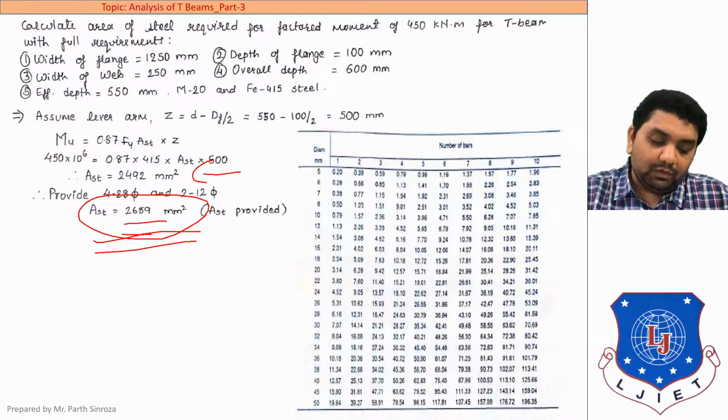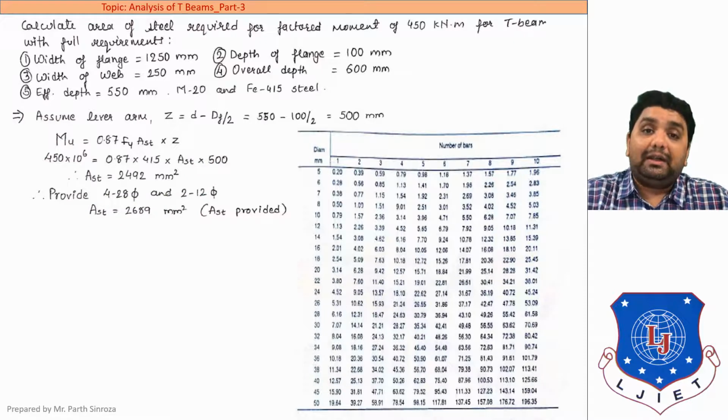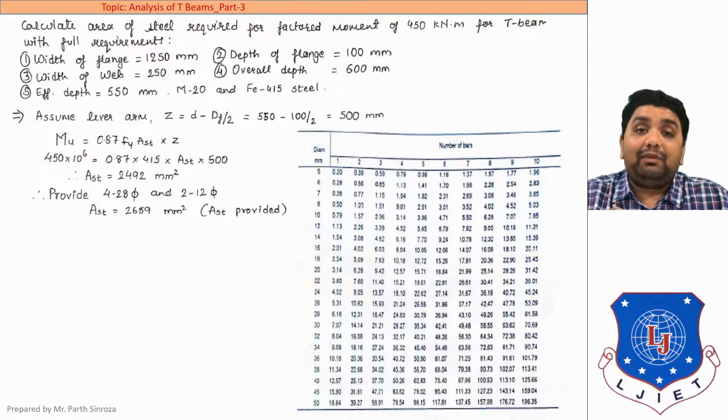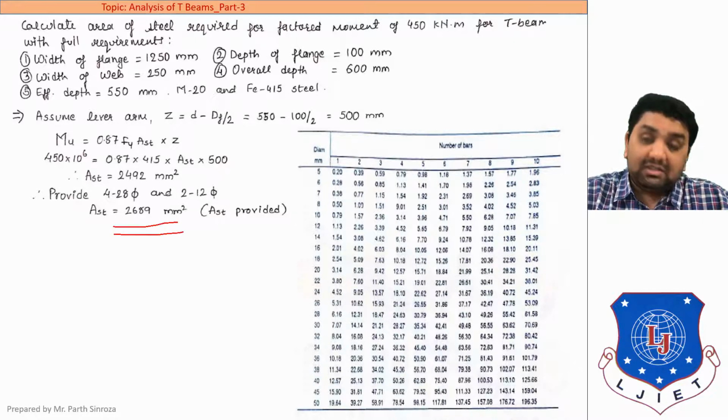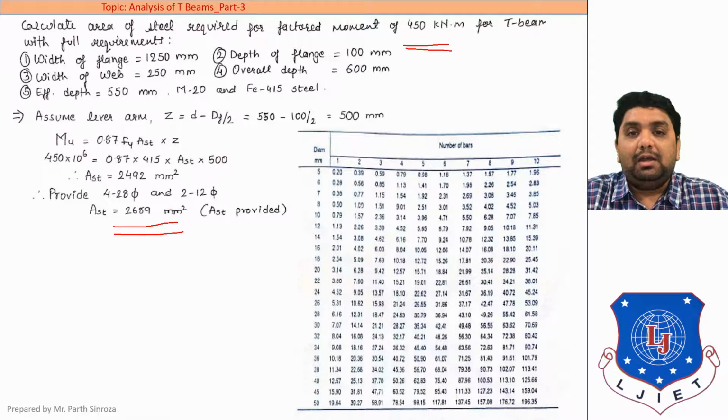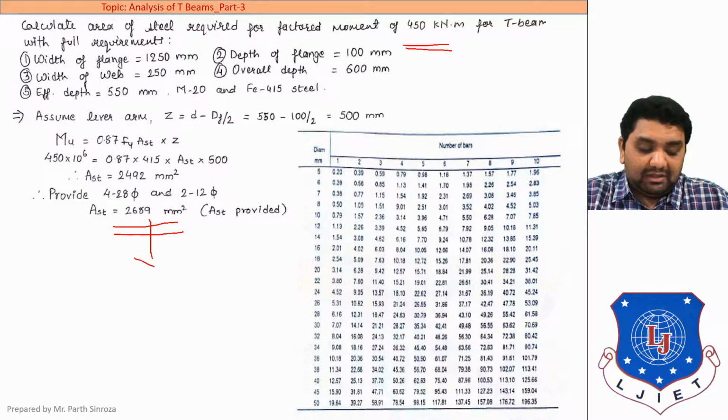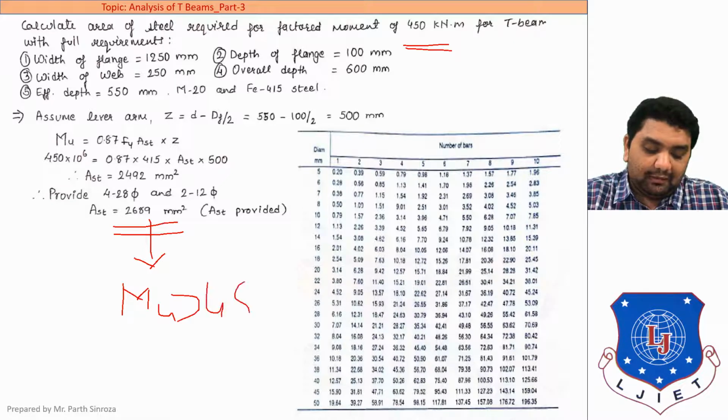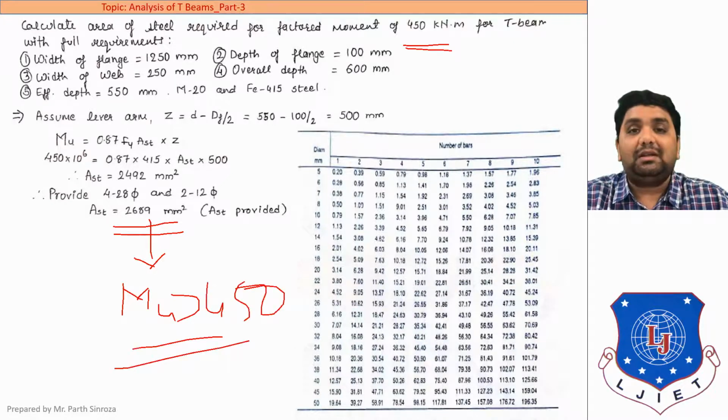Clear? So we will be starting with the analysis portion again. The basic aim of the check will be that the Mu value obtained from this AST must be greater than what is being asked. That means by using this AST we need to find Mu, and that Mu should be greater than 450 that is being asked in the question.